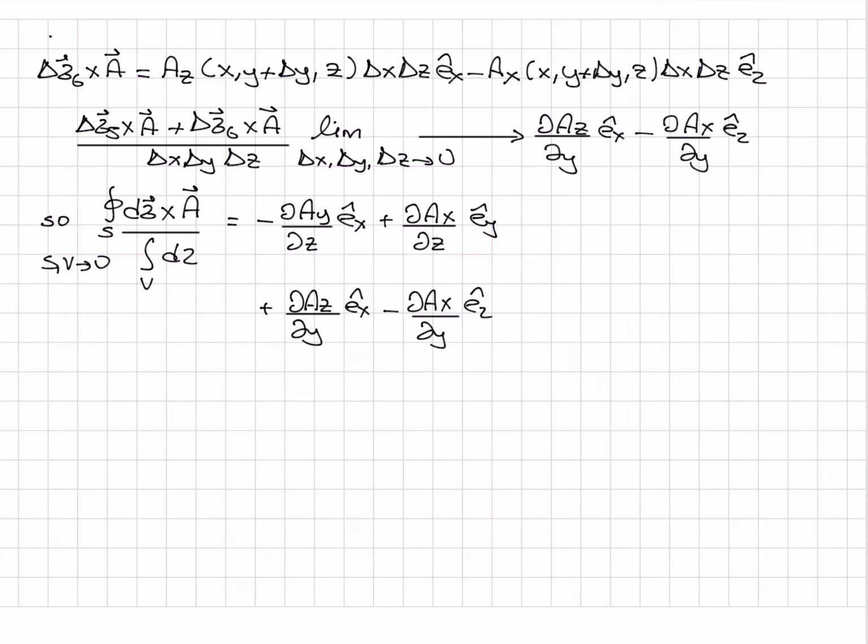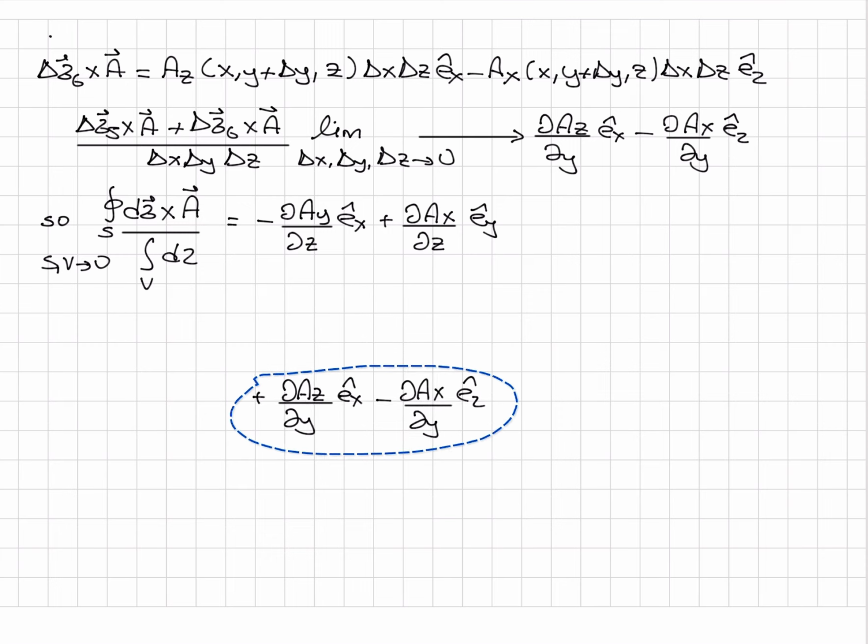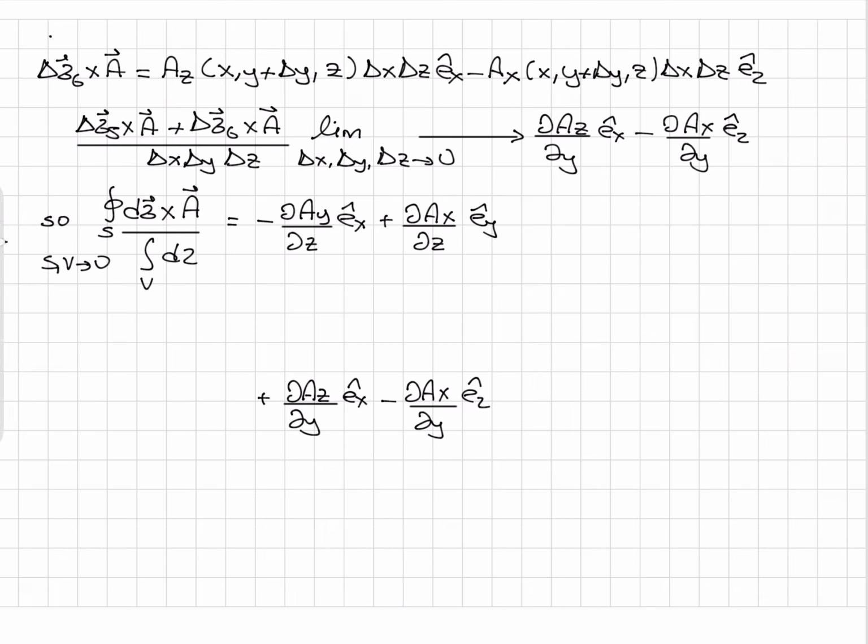So this is the one I have substituted here first. So let's take it down. The third and the fourth surface gave us plus del Az del y in ex hat direction and minus del Ax del y in ez hat direction.